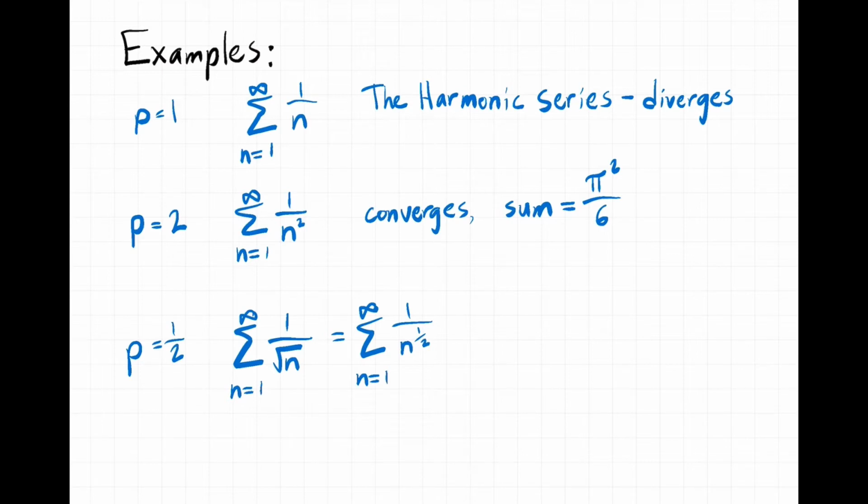A few more examples. What about the sum as n goes from 1 to infinity of, let's say, n? This is a p-series. This is the same thing as the sum of 1 over n to what power? Well, if the power is -1, then 1 over n to the -1 is the same thing as just n.